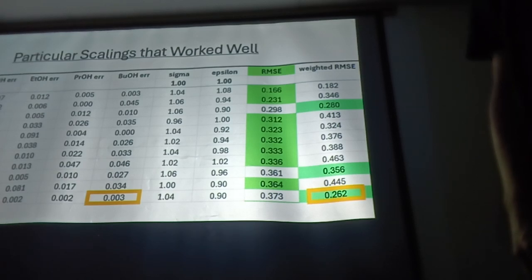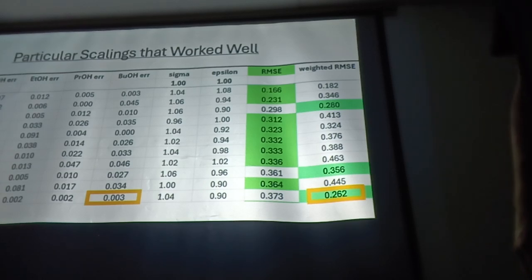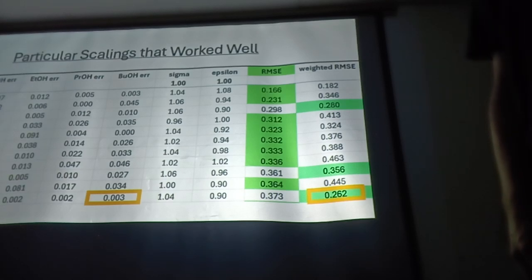So if you divide by the magnitude of the diffusion value for each one of those, you're going to divide by 2 on methanol and you'll divide by 0.6 on butanol. So then this is effectively going to amplify the weight of butanol. So it's sort of a root mean percent error or something like that. Well, it's a weighted root mean squared error.